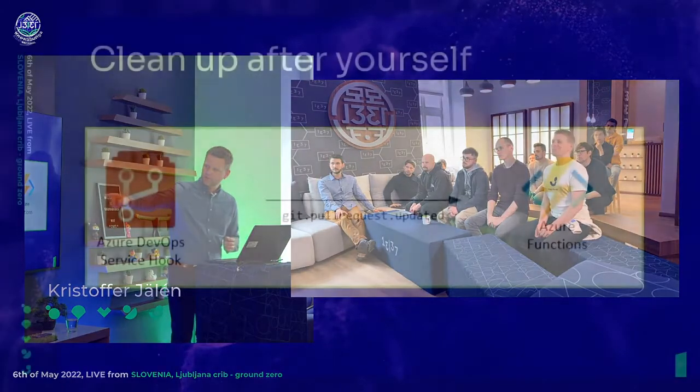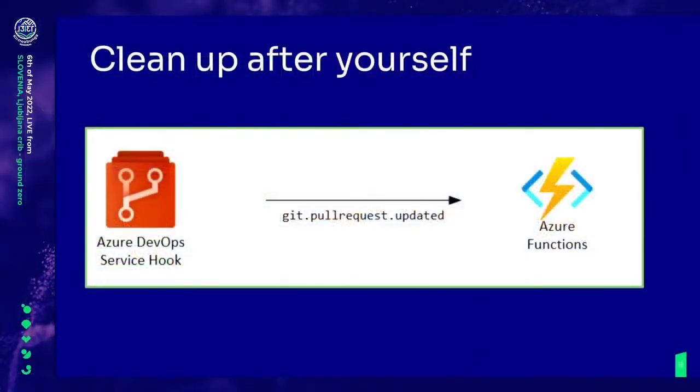But anyway, with that setup, we will end up with a little ecosystem that spins up things on the fly and shuts them down when they are completed without any user interaction. That little event is sent out from this service hook, and it's called something like get pull request updated.